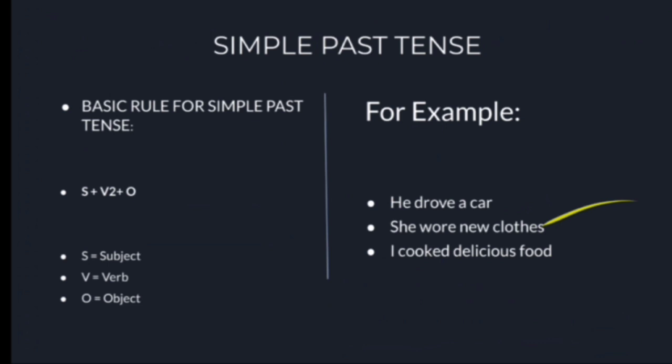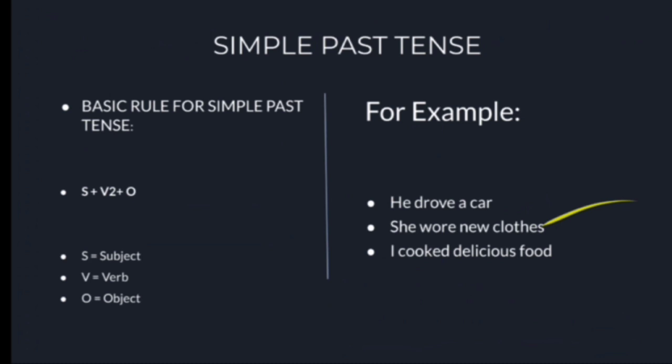sleeping since afternoon. One thing you have to remember: when we talk about a specific time, when we have a point of time and we know from which time or which point this action has been going on, then we use since. For example, Sunday, Monday, 1947, morning, yesterday night.